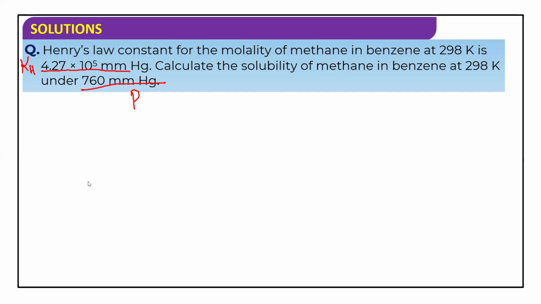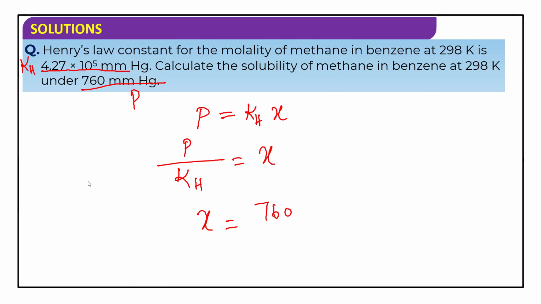So pressure is given, Henry's constant is given. According to Henry's law, partial pressure is equal to KH into mole fraction. We have to find out this mole fraction. So mole fraction is equal to partial pressure divided by KH. What is partial pressure?